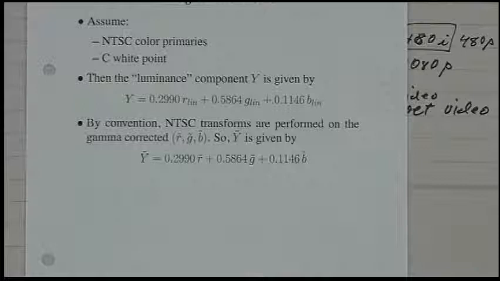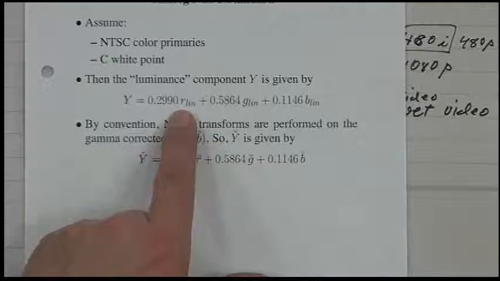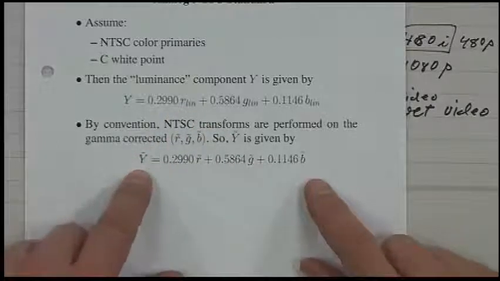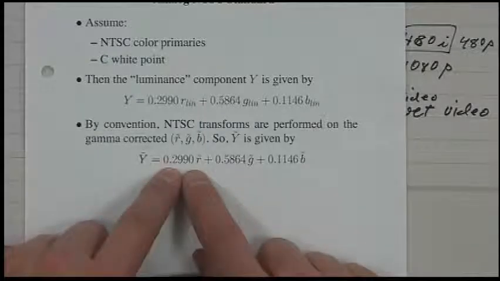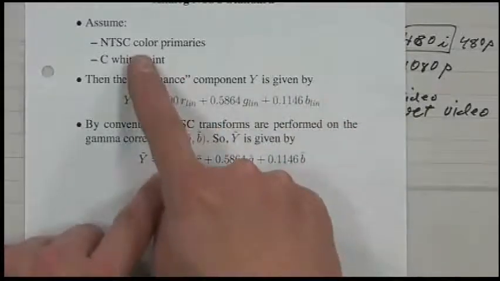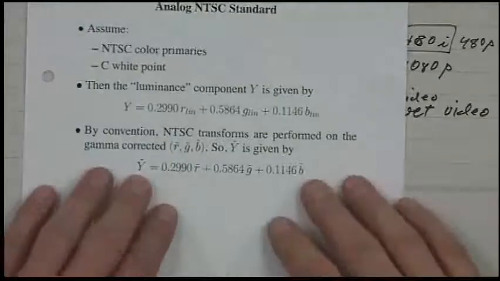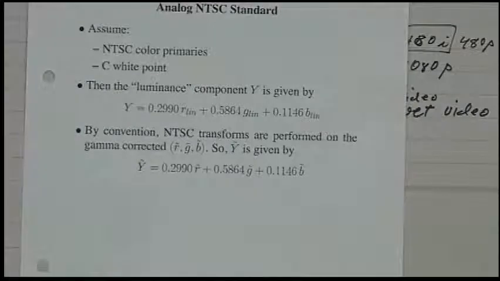So what they did is they said, well, we'll just use the gamma-corrected RGB in place of the linear. So this is a very strange transform. This is not Y. It's just Y computed from the gamma-corrected values, where you use the same values of the weights you would if it were the linear RGB with NTSC color primaries and C white point. So this is still how you compute Y, okay? Even though the color primaries are no longer NTSC, it's not a C white point, and they're not linear.